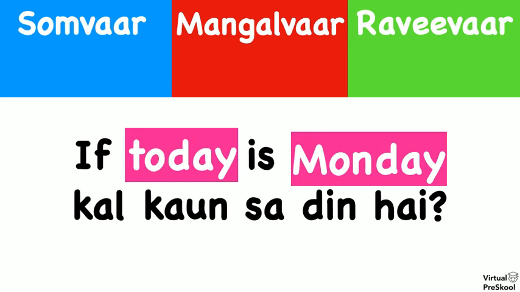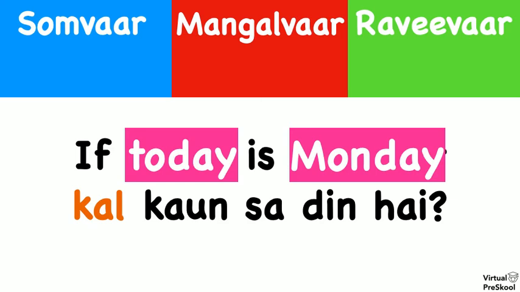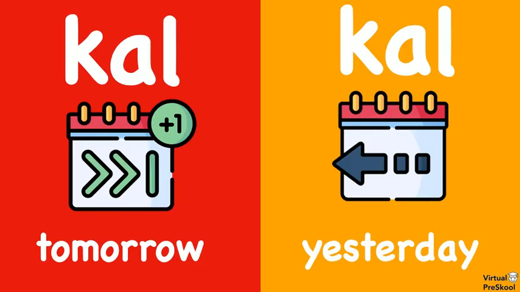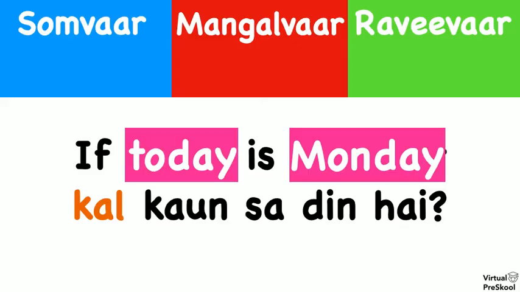Let's figure out the next part. So we're looking at the word kal. What does kal mean? You should know this, we've done several practice problems. Kal means tomorrow, and it also means yesterday. So which one are we referring to in this question? Let's go back and look at the question. If today is Monday, kal kaun sa din hai?